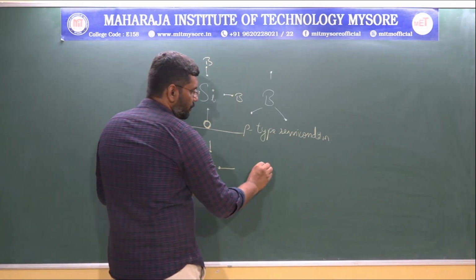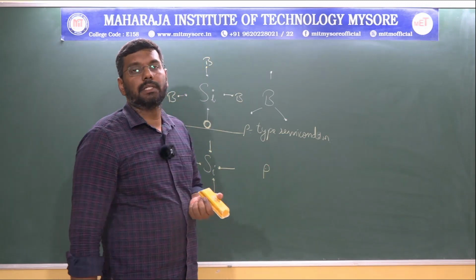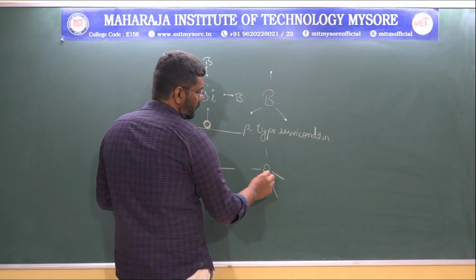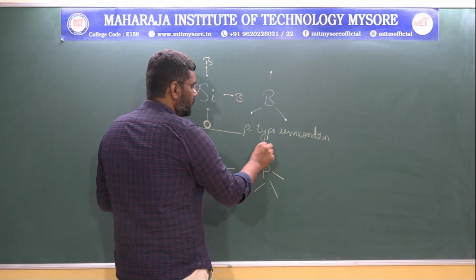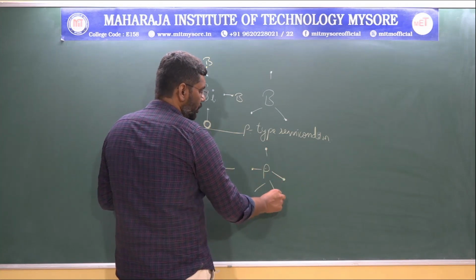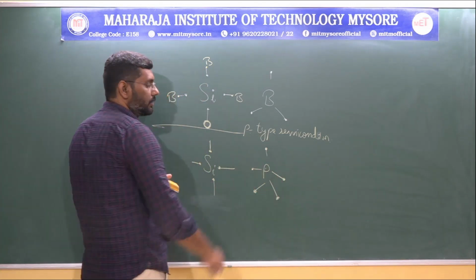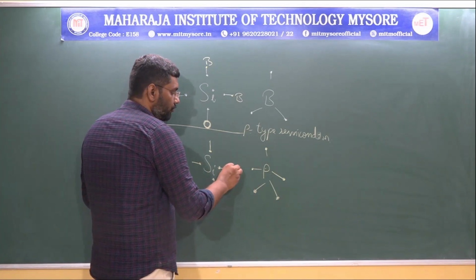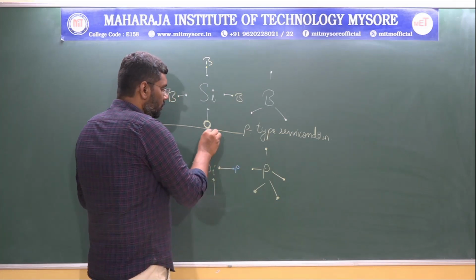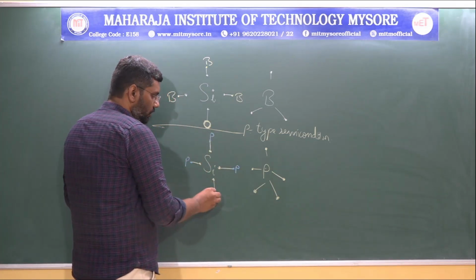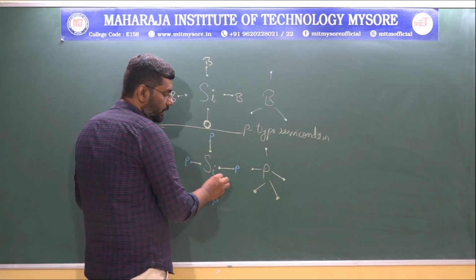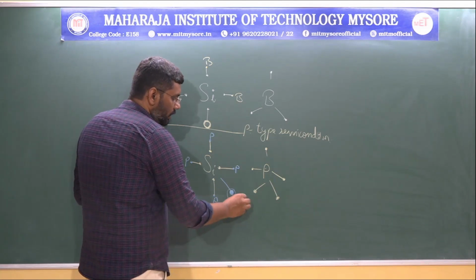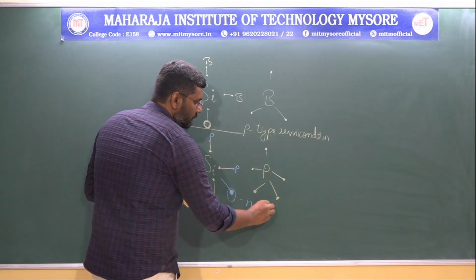When it is doped with phosphorus, which is a pentavalent atom, meaning it has 5 electrons in its outermost shell, and this phosphorus is mixed with silicon, it forms 4 bonds with tetravalent silicon, and since phosphorus has 1 extra electron, this extra electron will be present in N-type semiconductors.